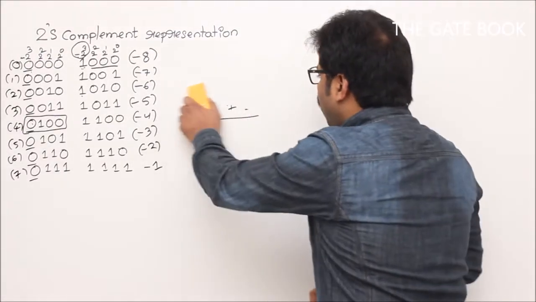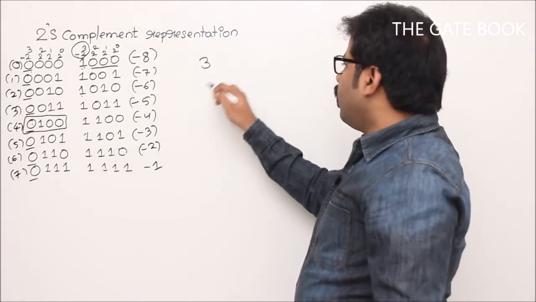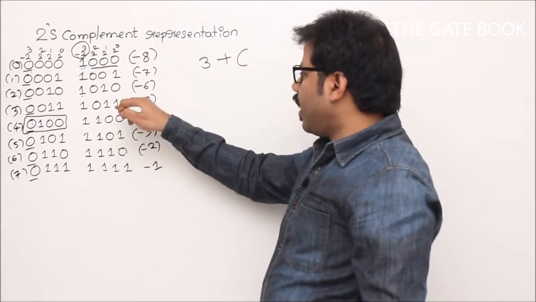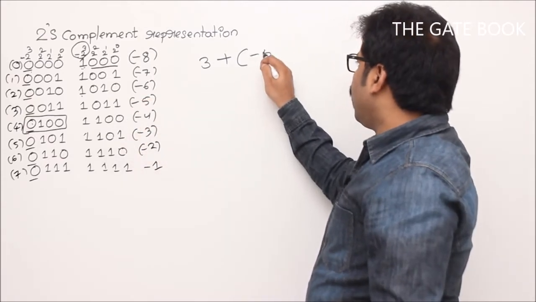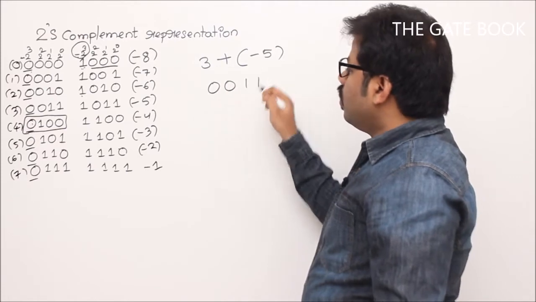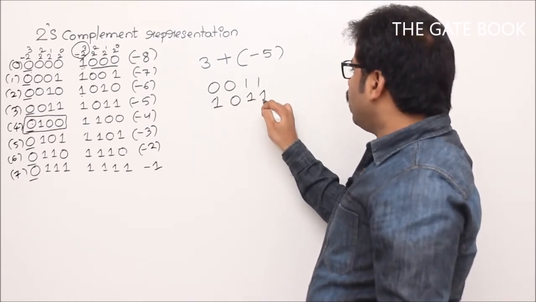But why it works for positive and negative, we will see. Let's take one positive number, which is 3, and one negative number. So 3 plus another number which is negative, I am taking minus 5, 1 0 1 1. What is 3? 0 0 1 1. So minus 5 is 1 0 1 1. Correct.